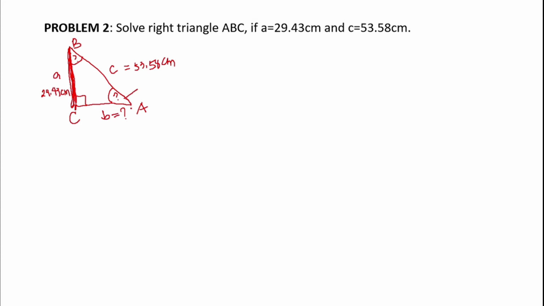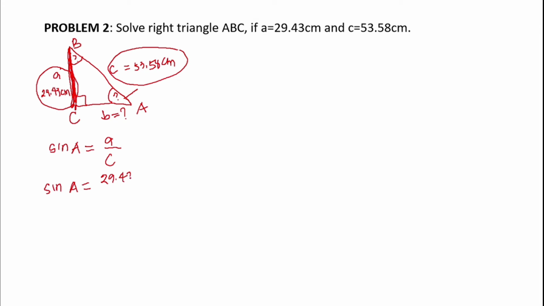So to solve for angle A, since the given is the opposite and the hypotenuse, we'll make use of sine in order for us to get the angle. Sine A is A over C, the opposite over the hypotenuse. So sine A is equal to 29.43 over 53.58.